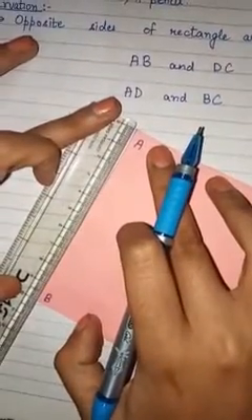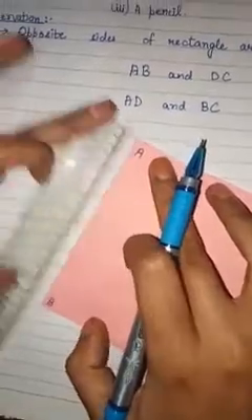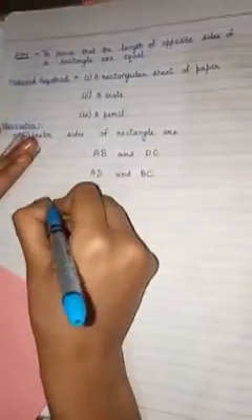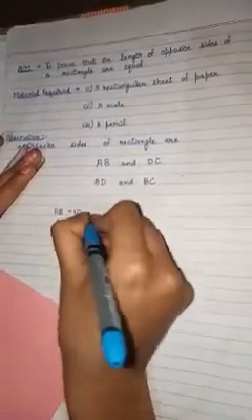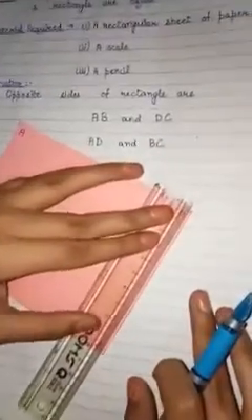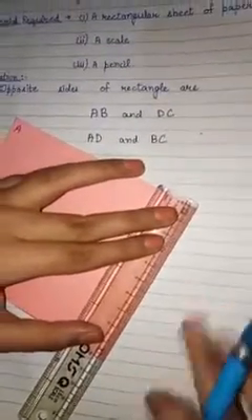As you can see, it comes to 10, means we will write AB is equal to 10 centimetres. Now its opposite side is DC, so let us measure DC. The end point of DC is also coming at 10. It means DC is also 10.